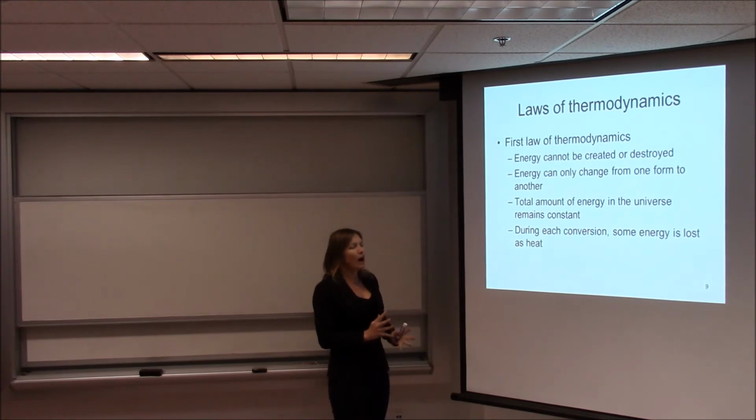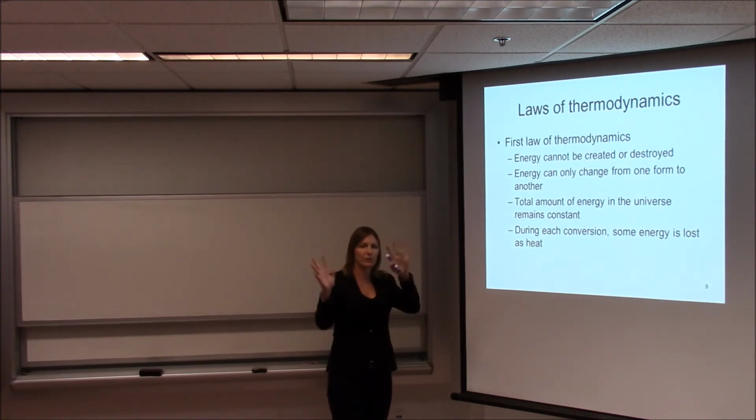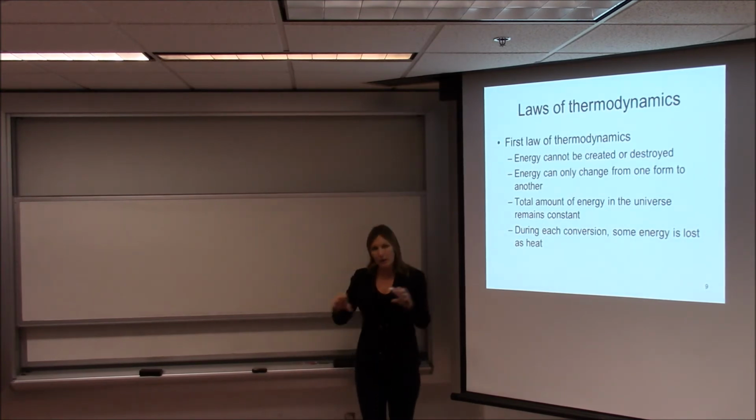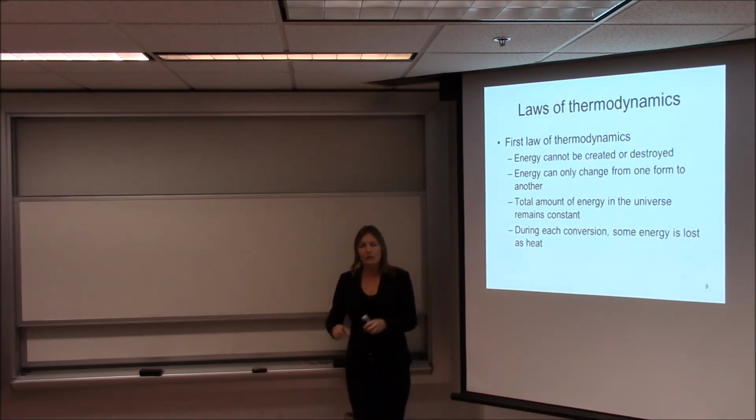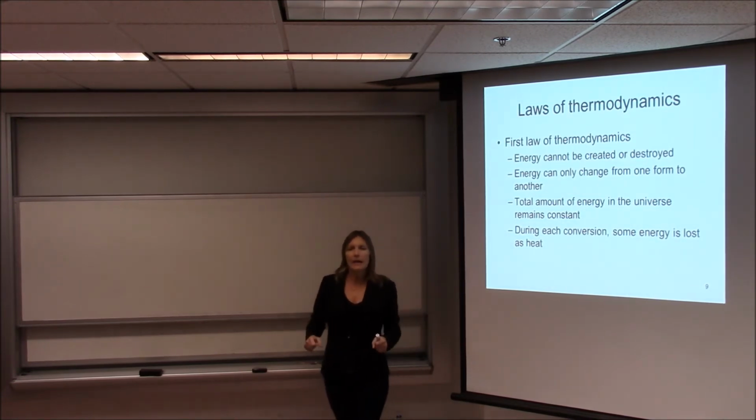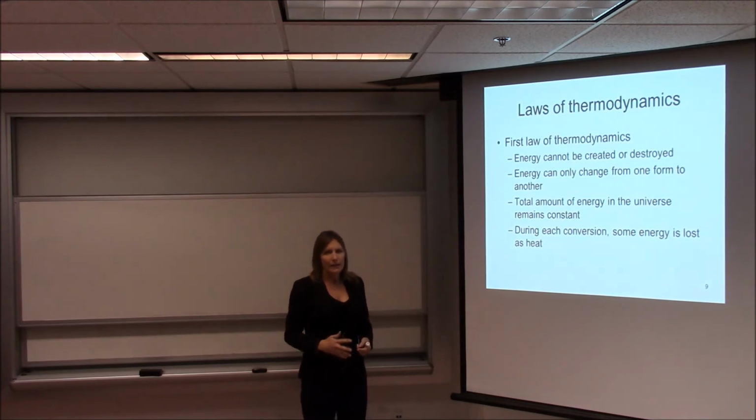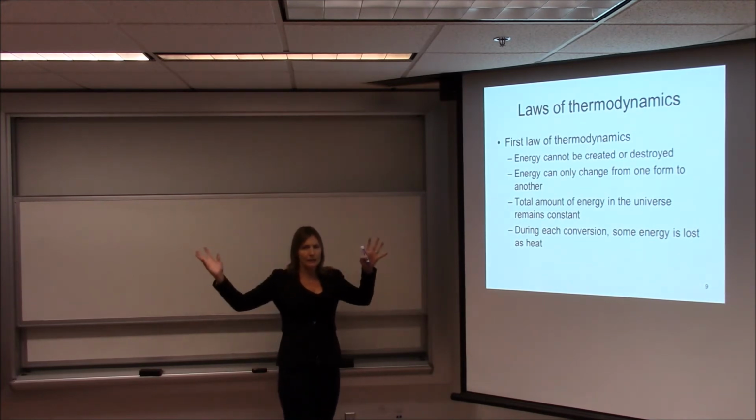It's not really lost, but what happens is it becomes disorderly. So you put a log on the fire, that's a very organized, orderly form of energy. It's all packed in the covalent bonds of those molecules in that log. Now you light it, oxygen's present, you're going to combust, you're going to start breaking those bonds and releasing that energy. It's released as heat.